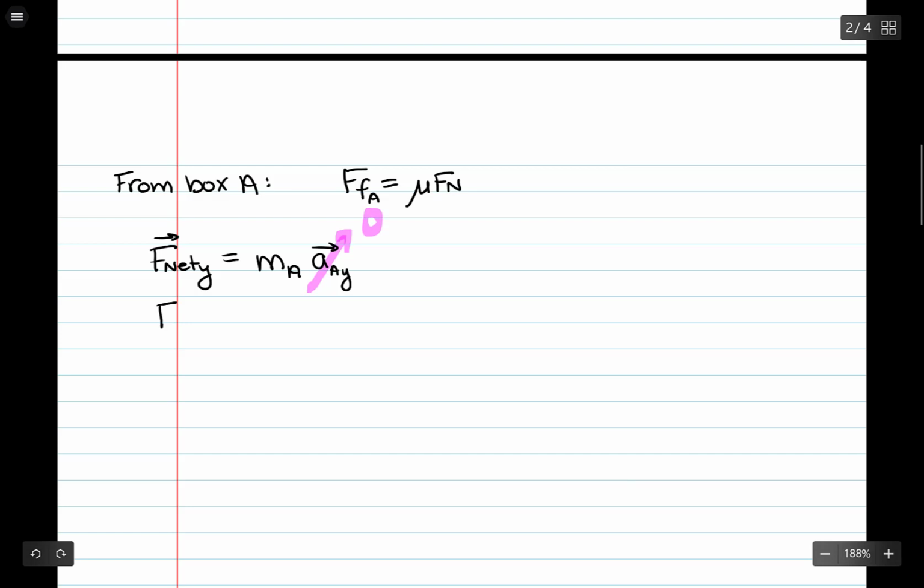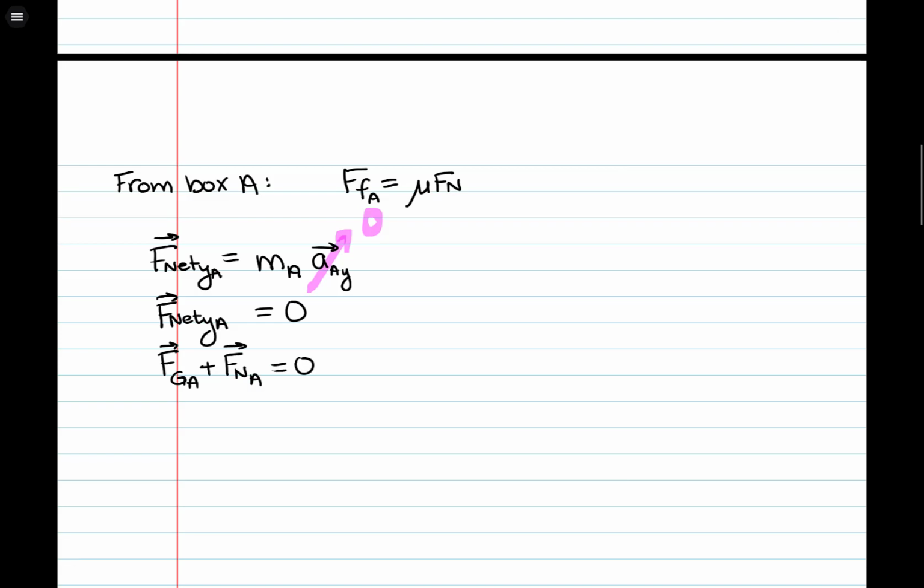So we have that the net force in the y direction on box A, and I'll put a little a here to remind us that we're dealing with box A, has to come out to 0. Which means that the force of gravity acting on box A plus that normal force acting on box A have to come out to the value of 0.